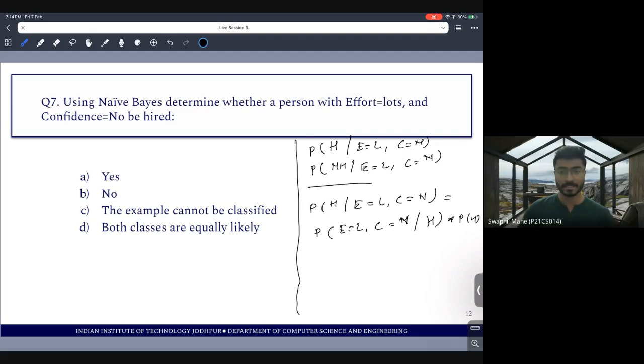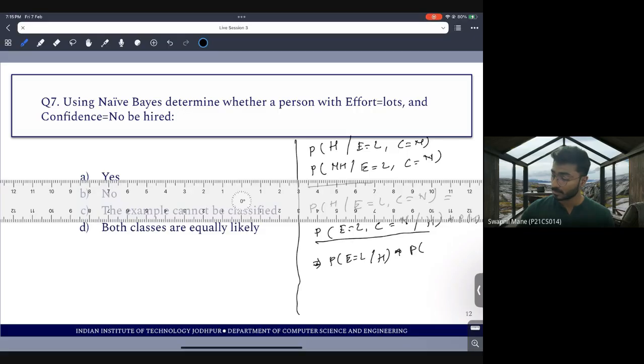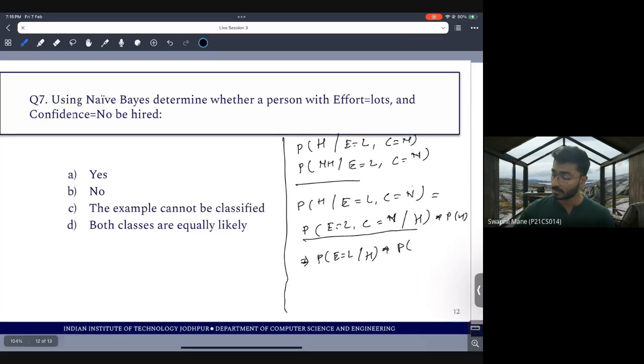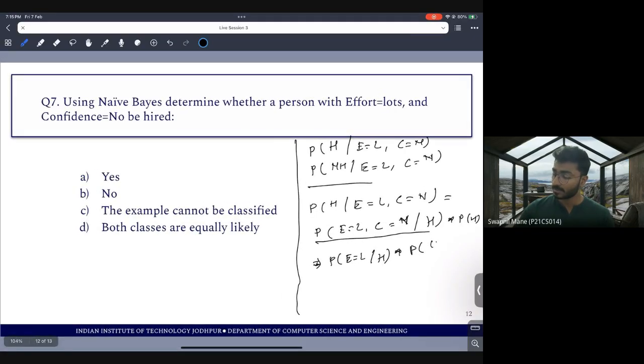It's a simple conditional probability we have considered. So how are we calculating this term? The probability of efforts is equal to lots, given that it is hired, times the probability of confidence is equal to no and hired.